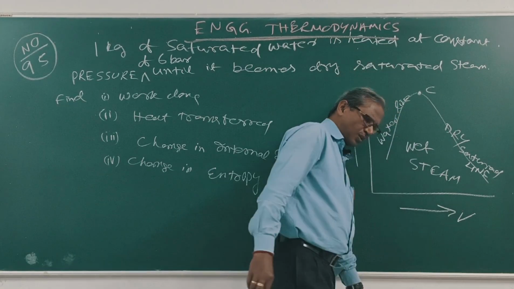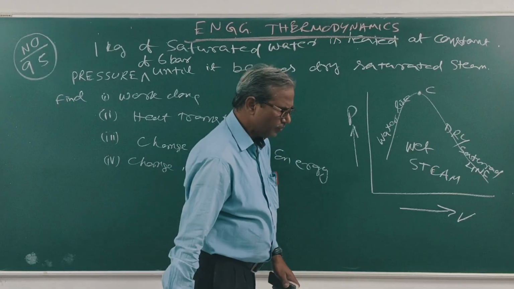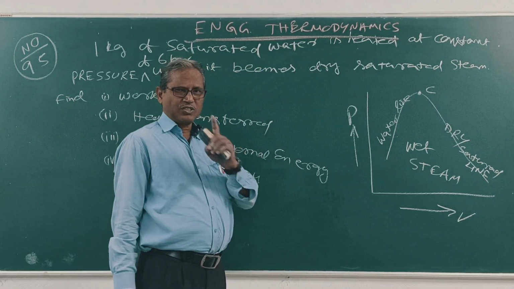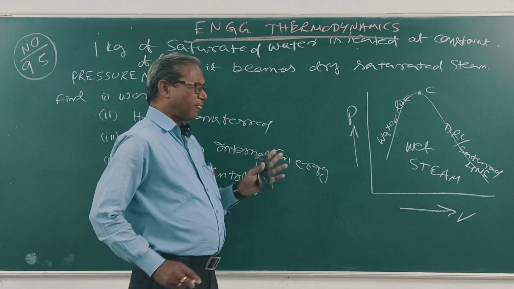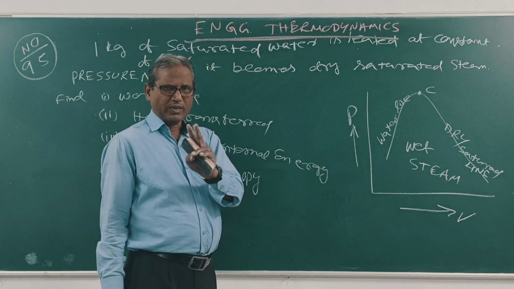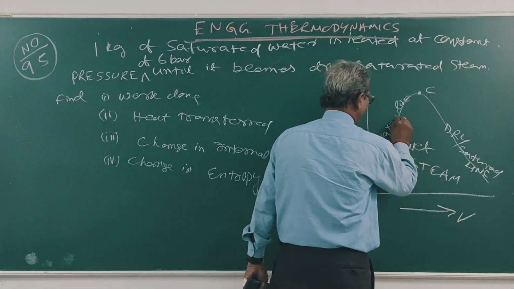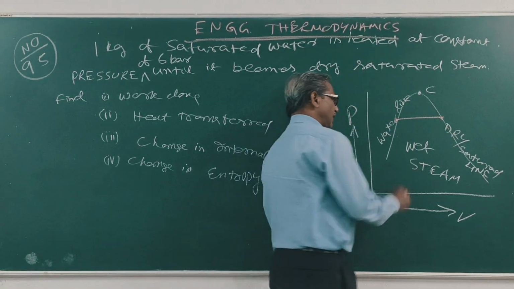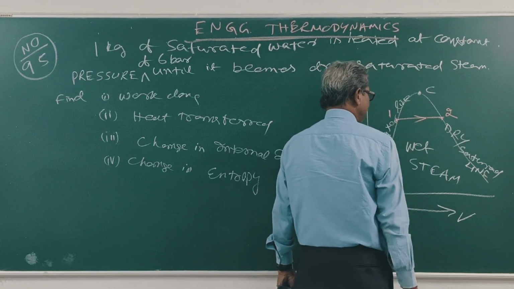Now, the question is, the initial condition is water, the final condition is dry. 1 kg of saturated water, meaning the initial condition is water, is heated at 6 bar until it becomes dry. 1 is water, 2 is dry, at constant pressure.